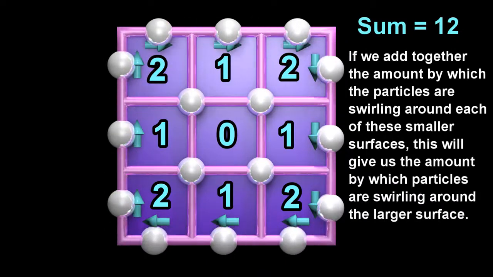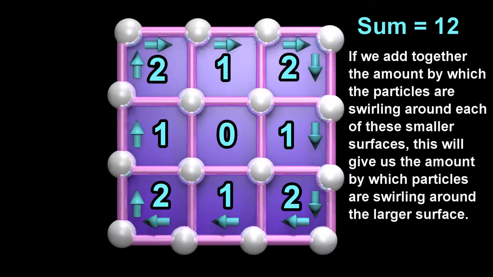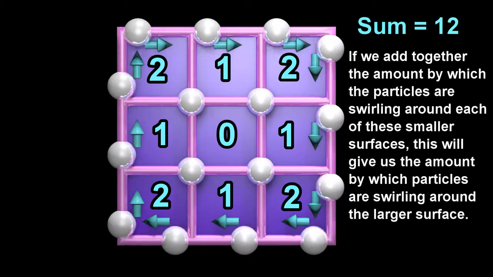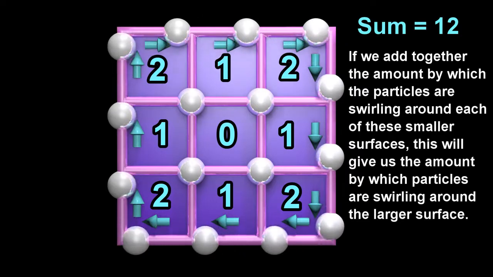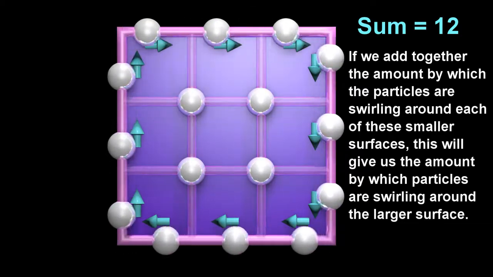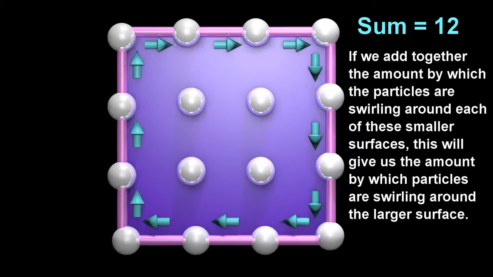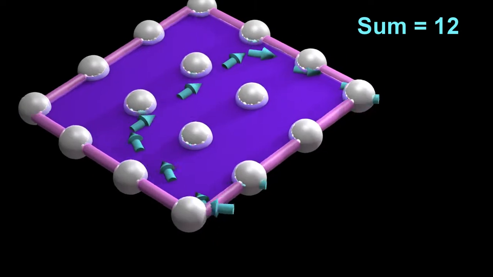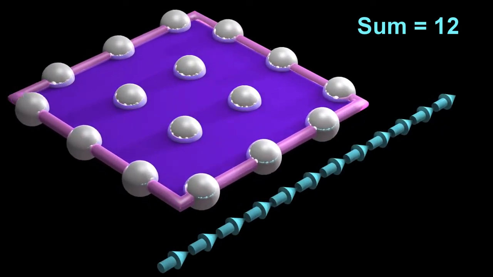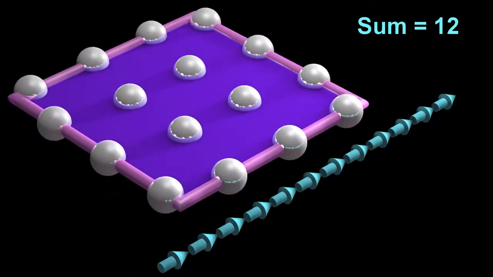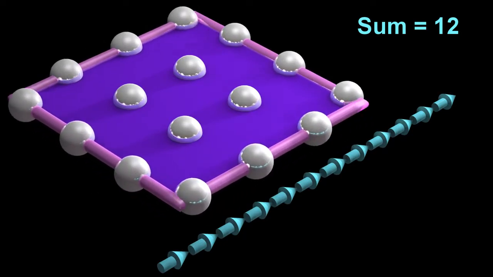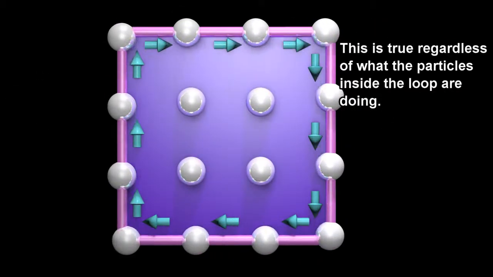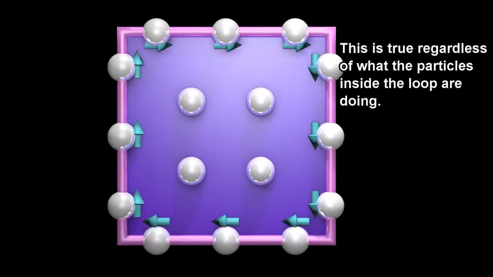If we add together the amount by which the particles are swirling around each of these smaller surfaces, this will give us the amount by which particles are swirling around the larger surface. This is true regardless of what the particles inside the loop are doing.